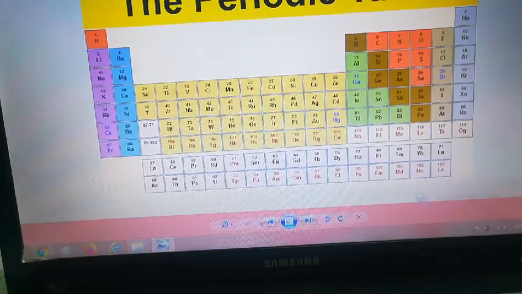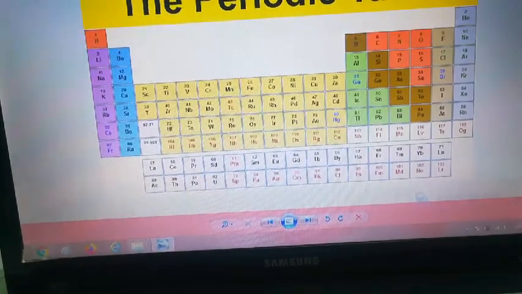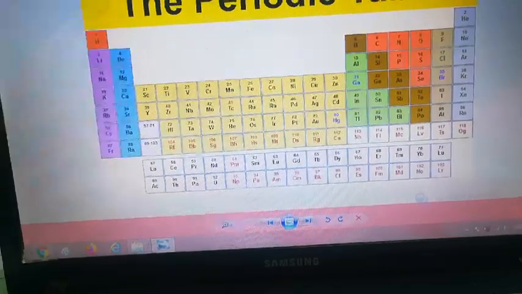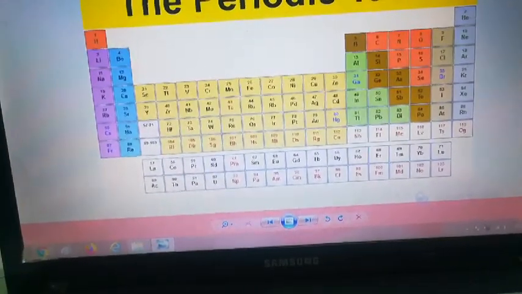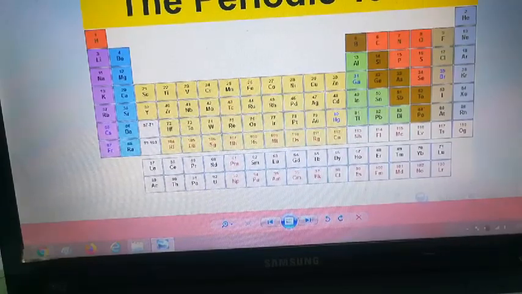Why? To let the atom be neutral, or to let the atom be satisfied. Any atom wants to gain or lose electrons to be stable, to be satisfied, or to have the lowest amount of energy.